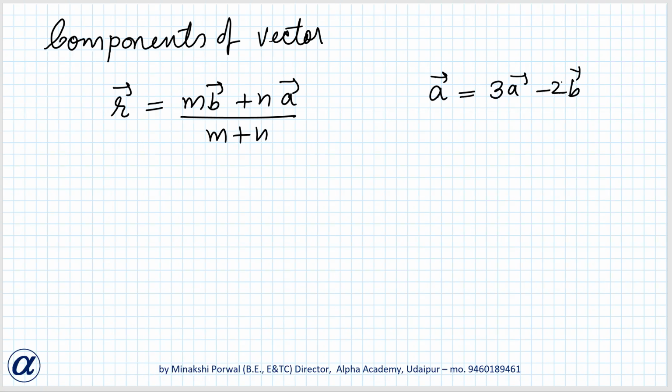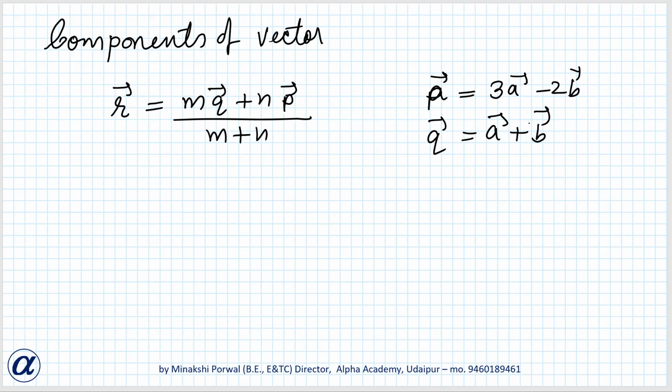So instead of writing a, we can write P and Q, because our question is also given in this only. And this is Q.